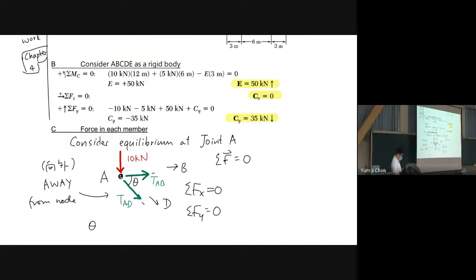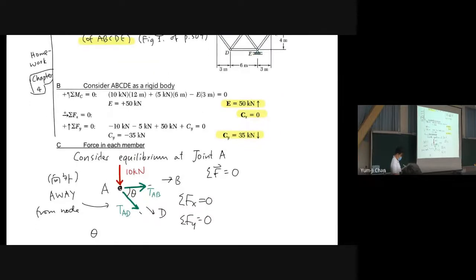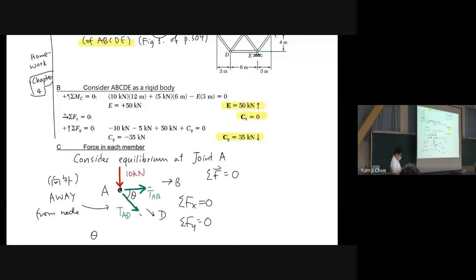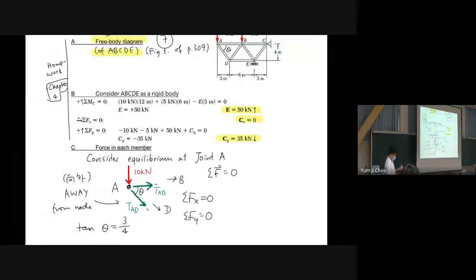I think so, because we have this figure, and the angle theta is this angle. So we have tangent theta equals 3 over 4. It comes from this figure.